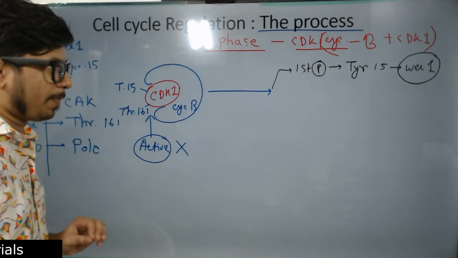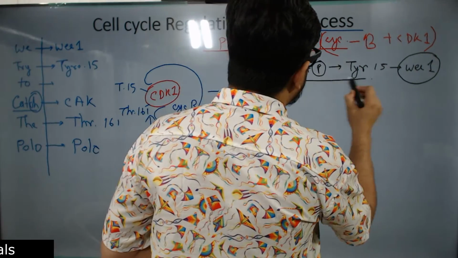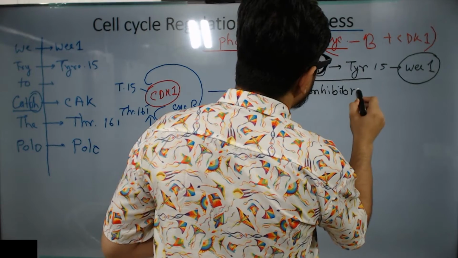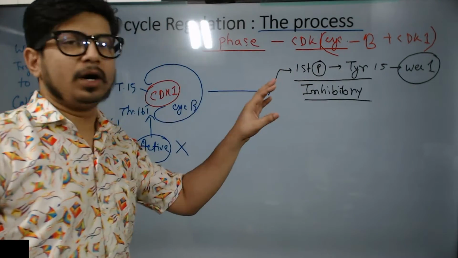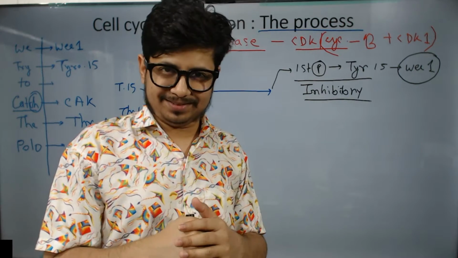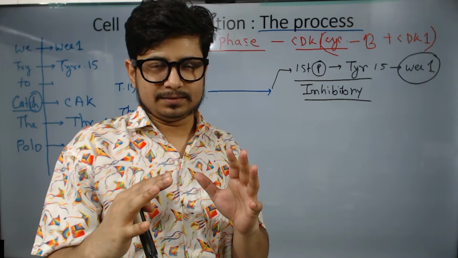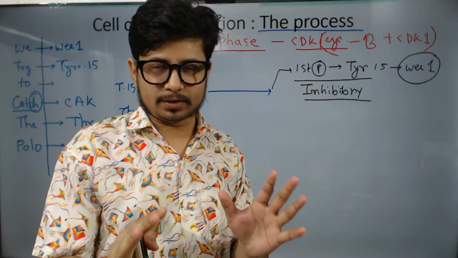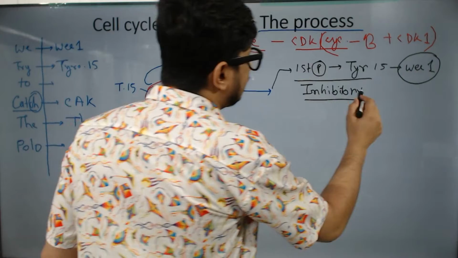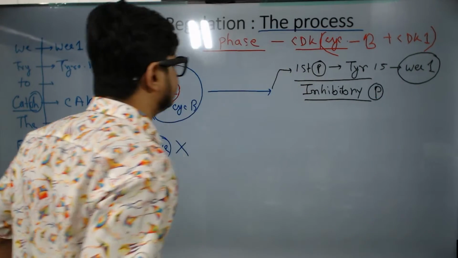It attaches the phosphate group. And this phosphorylation is known as inhibitory phosphorylation because it prevents the activation of CDK. So it acts as an inhibitory phosphorylation for the CDK.